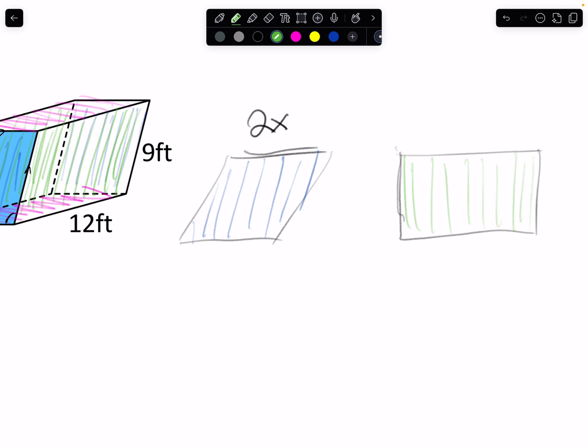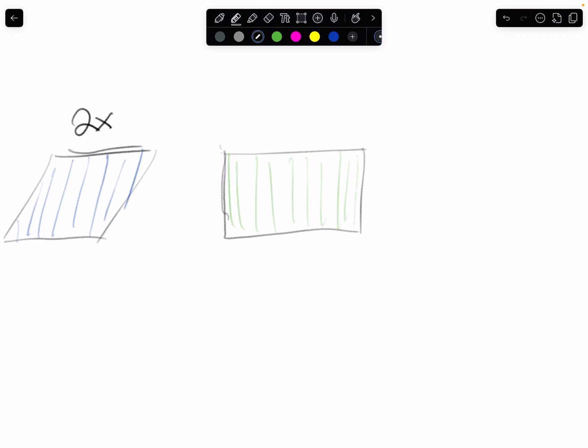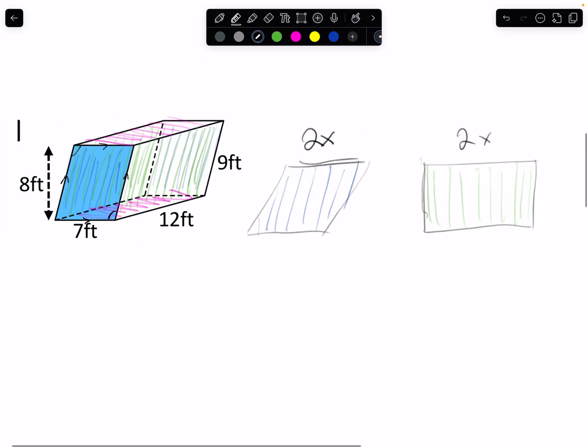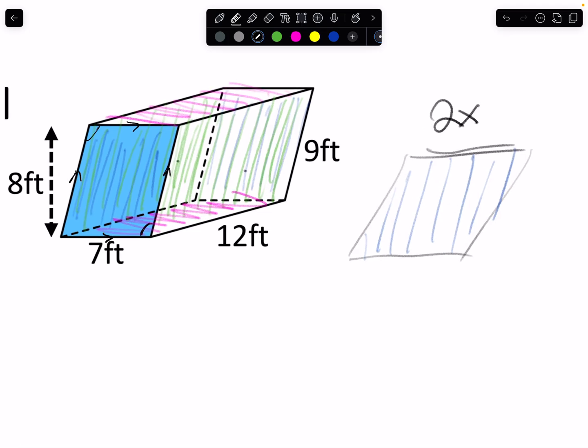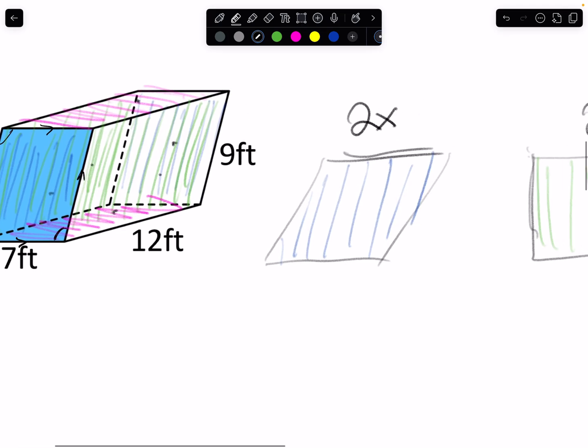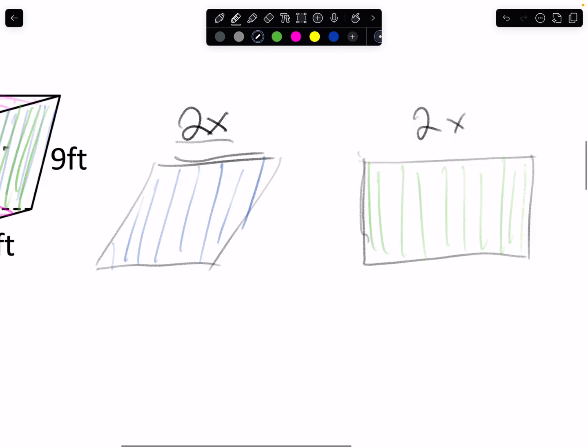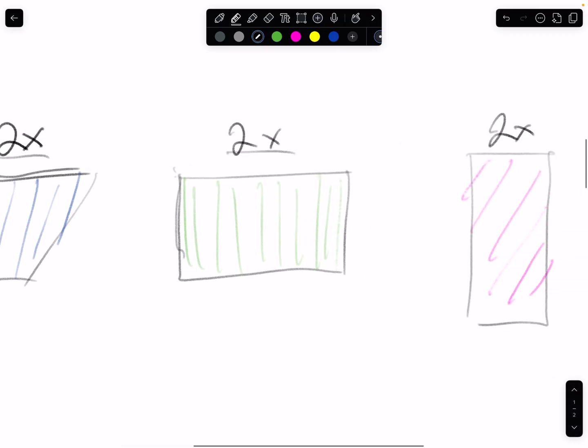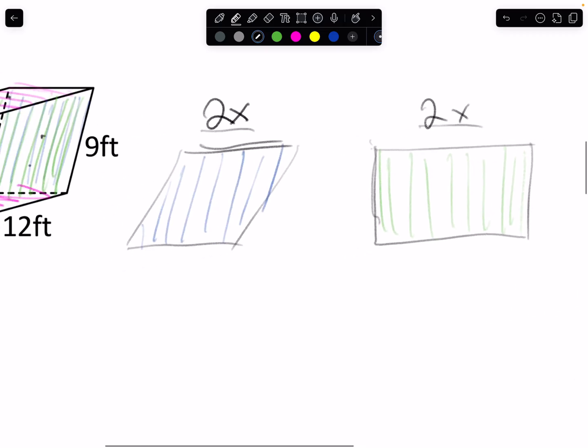And then we have our top face, which is pink. We also have two of both of these. Now, you can fact check. We have six faces. 1, 2, 3, 4, 5, 6. 2 plus 2 is 4 plus 2 is 6. So we have all the faces accounted for.